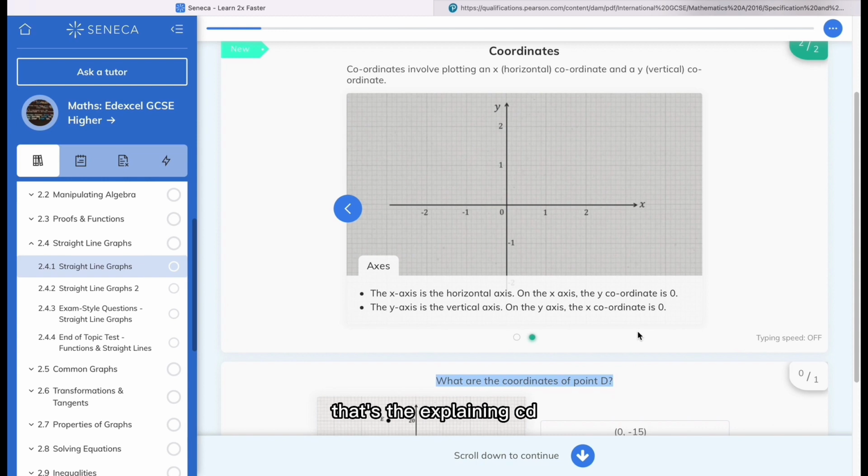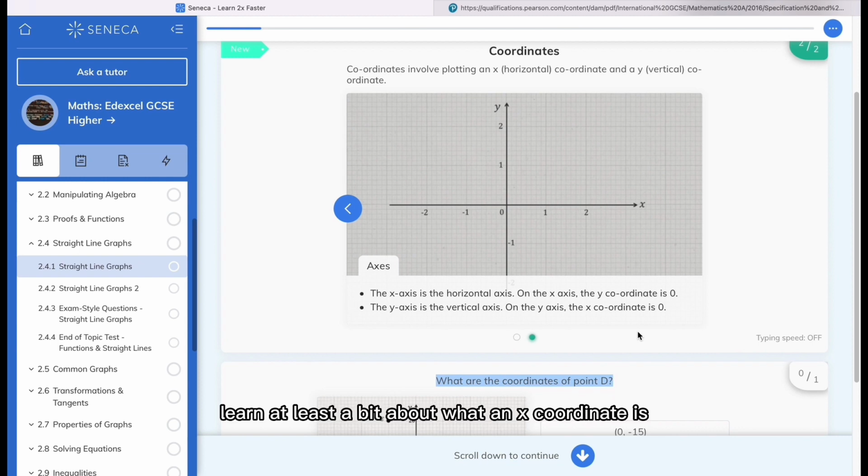They're explaining how to use this, and you can watch this video and learn from these segments, and it's all in Seneca itself, so you can make the most out of it and use this as an opportunity to learn. As you can see from Seneca Learning, they know what they are doing. You watch this part and learn about the x-axis where the y-coordinate is 0, the y-axis where the x-coordinate is 0.